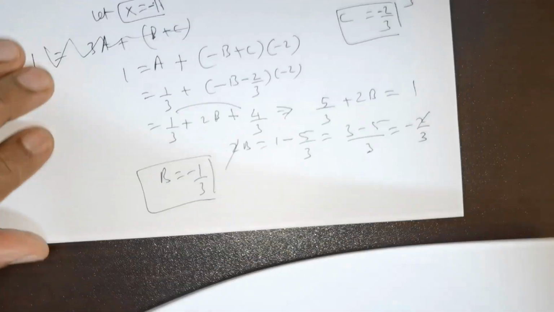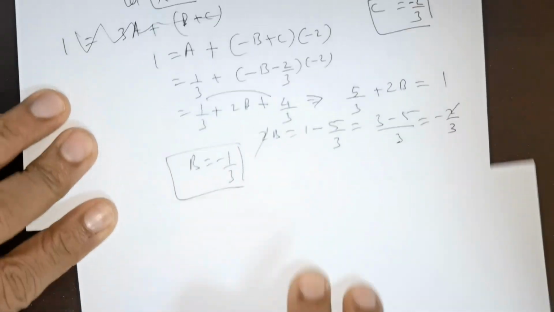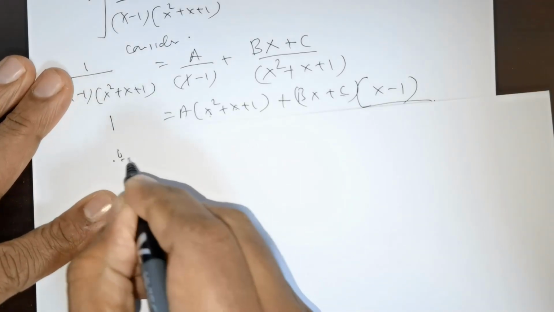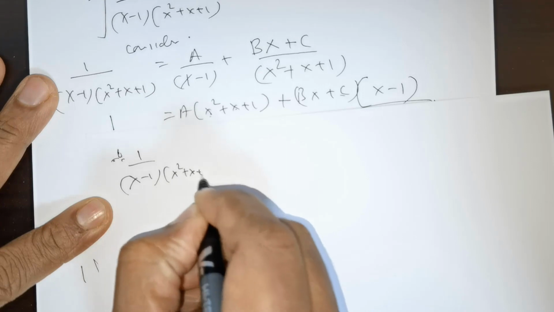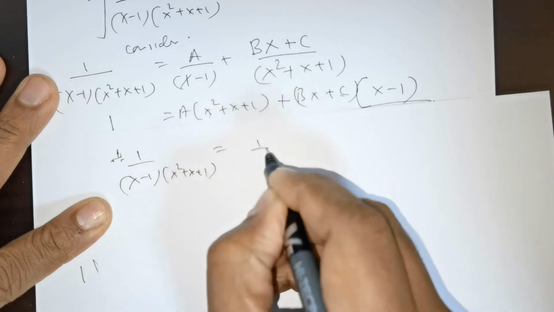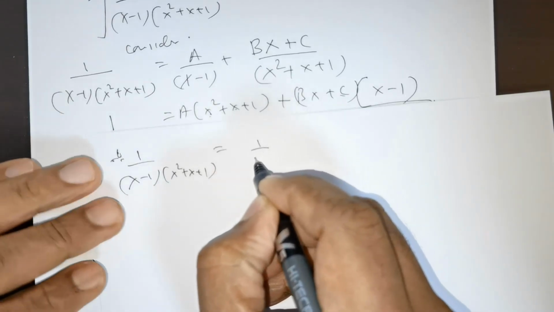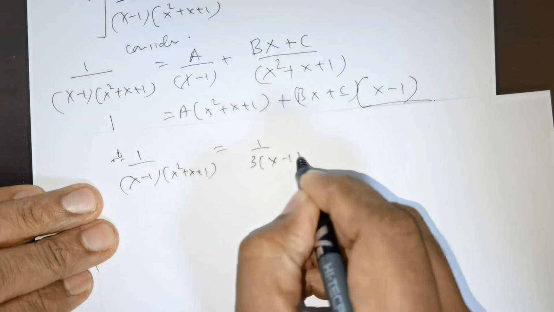And I got the value for a, b, c. So a is 1 over 3. So therefore 1 over (x minus 1) times (x squared plus 1) will be equal to 1 over 3. So let me write that in this fashion.